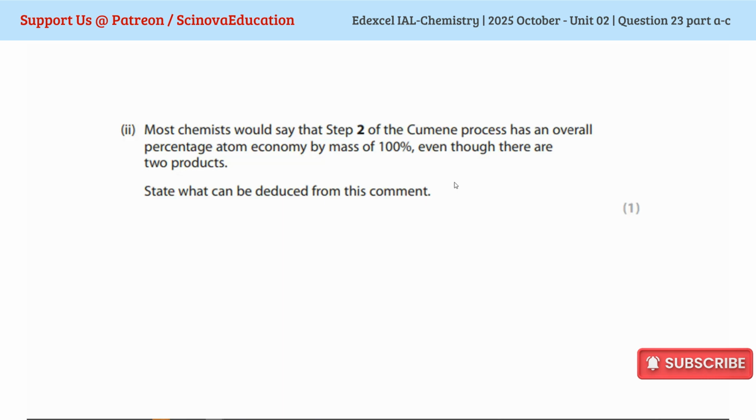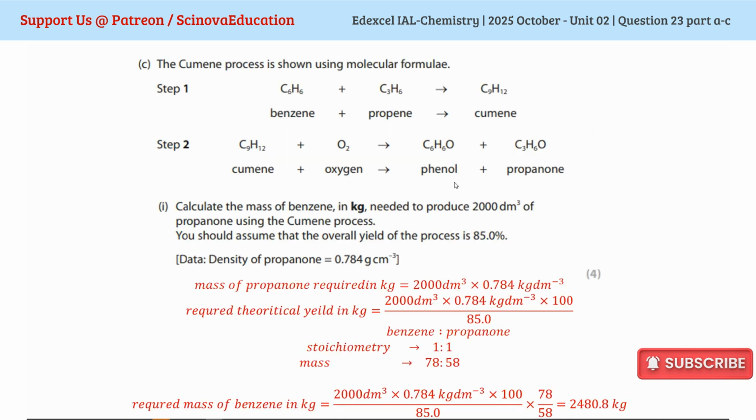Carefully look at the question. They are not specifying what the desired product is. When it comes to industry, when we are selecting processes, we look at the byproducts also. If you consider propanone as the main product, the byproduct is phenol, which also has a lot of applications in industry.